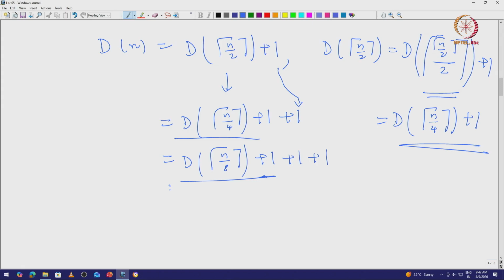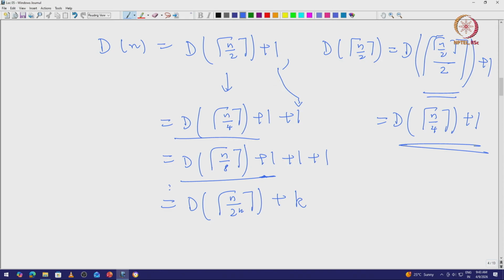So, I can write inductively d of ceil n by 2 power k plus k. This is the general pattern. Generalizing, you can write d of n as d of ceil n by 2 power k plus k. So, in the kth step, if you go through k steps, this is what you will get.